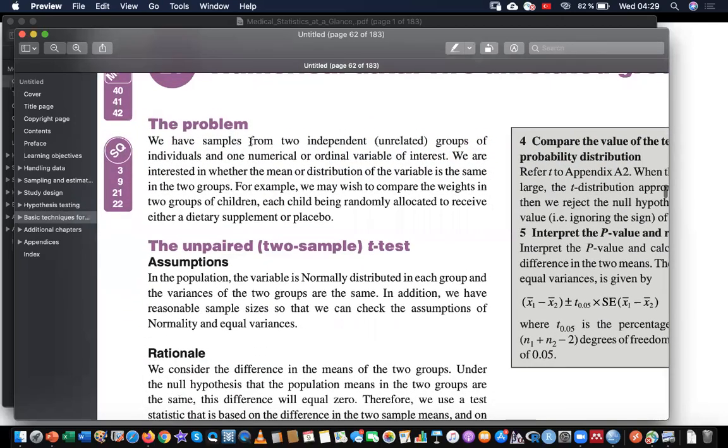We have samples from two independent, unrelated groups of individuals with numerical data, sometimes also ordinal data. Ordinal data can sometimes be treated as numerical, but for our learning purposes, it's enough if you remember numerical data.